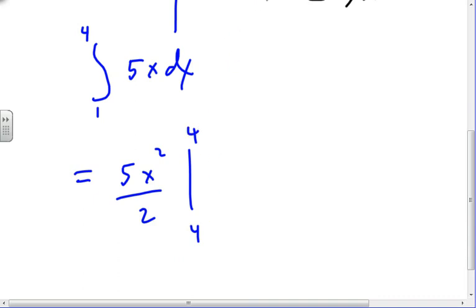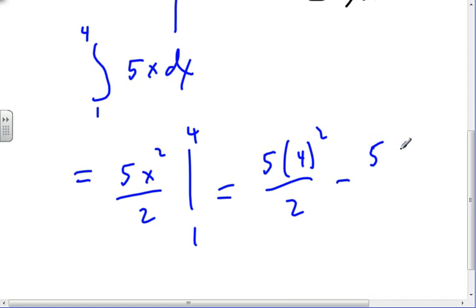Way to go. All right, so that's going to be 5 times 4 squared divided by 2 minus 5 times 1 squared divided by 2.